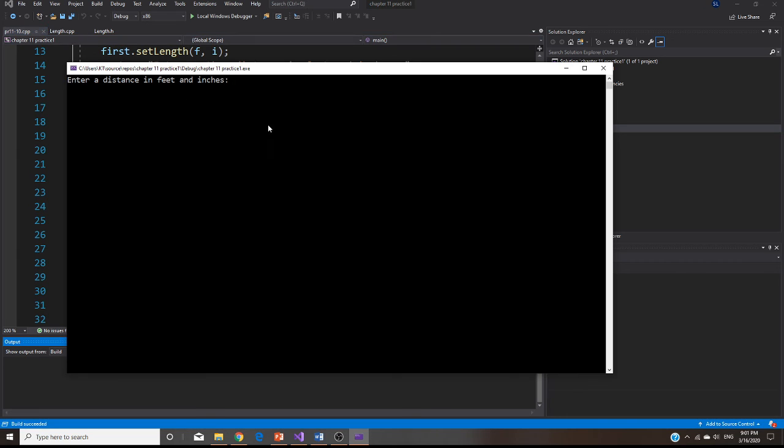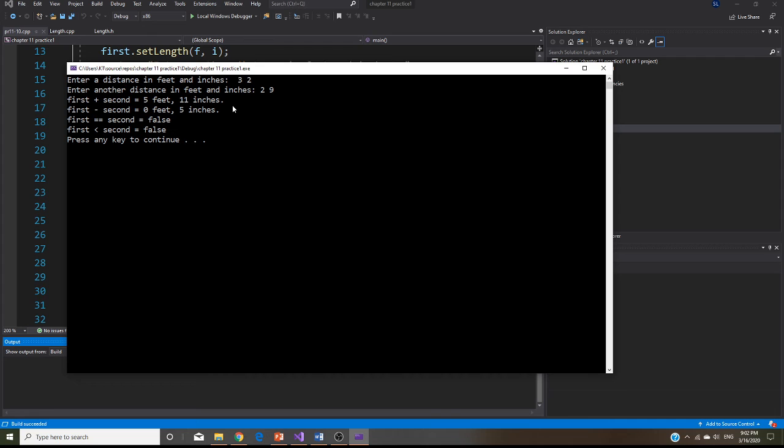For the first one, let me just do an easy one. How about 3 feet, 2 inches? The second one is 2 feet, 9 inches. That's fine. All right, so when I add together, that's 5 feet and 11 inches.